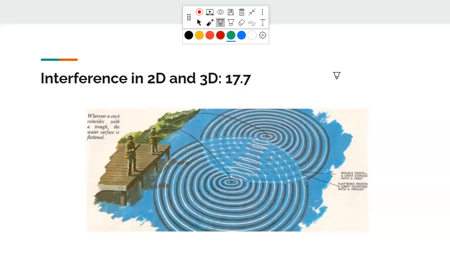The fact that if you have a 2-dimensional boundary, like the surface of water, then you get waves that travel outward in circles. And if you look at those waves far enough away, they look like they're just plane waves that are linearly spaced, even though technically they're part of some big circular arc.